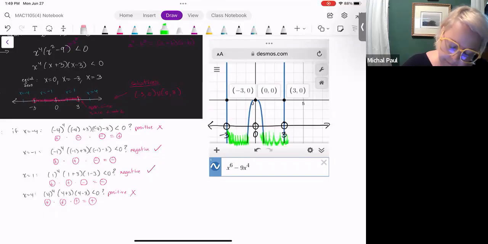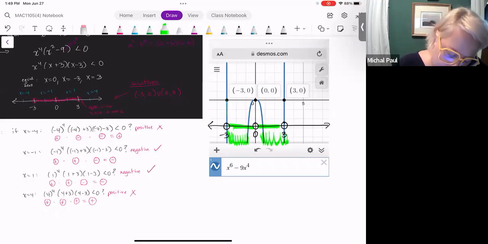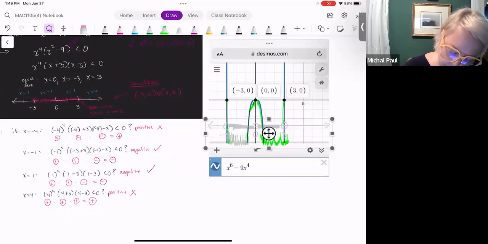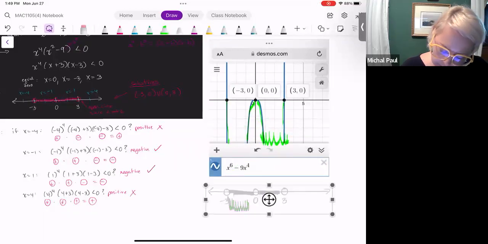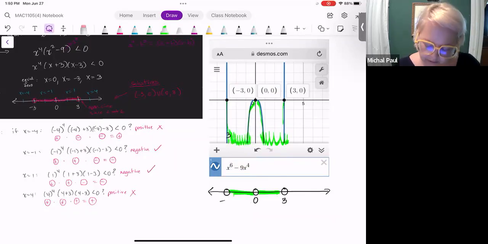It's all the way down here. Right, because you can see all of these parts are underneath. I feel like I should pull this down a little farther. Like that. So you can see all that is negative, so that's where I'm shading.